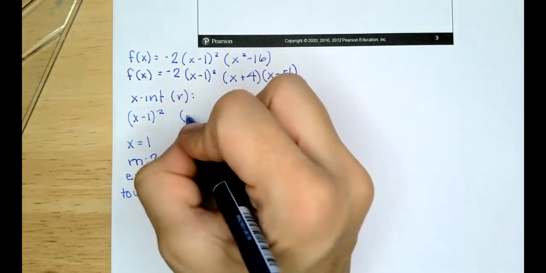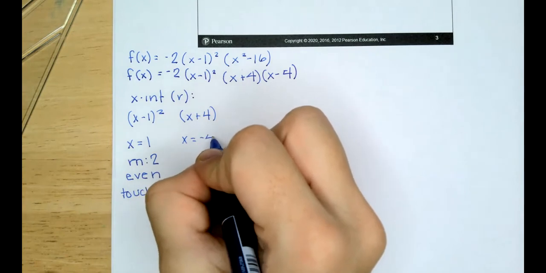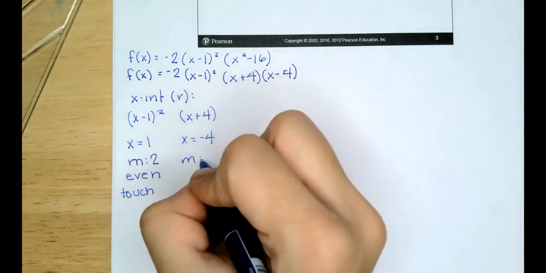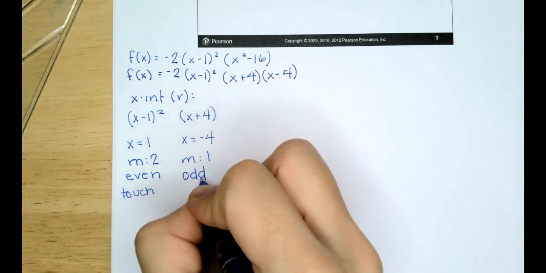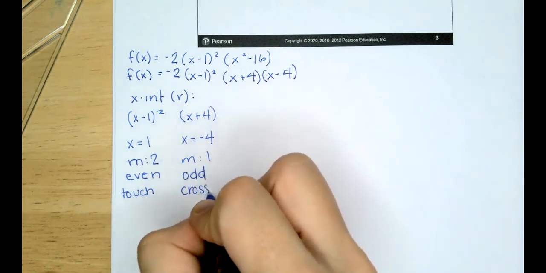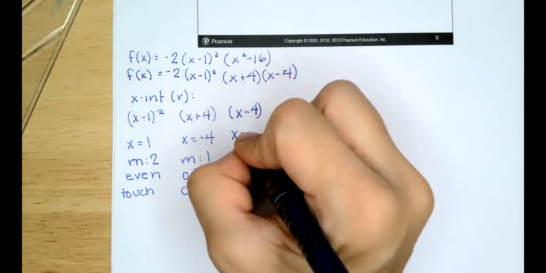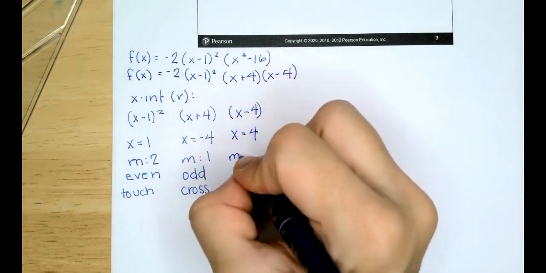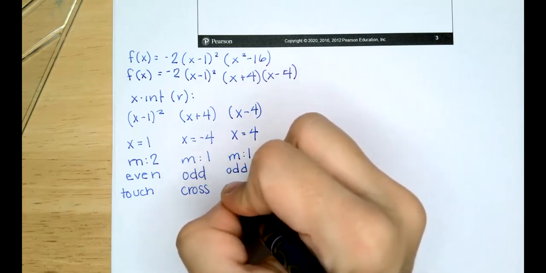Here I have x plus 4. So x equals -4 with a multiplicity of 1. That is odd, so that crosses. And this has x minus 4. So that's an x value of +4 with a multiplicity of 1, which is odd, which crosses.